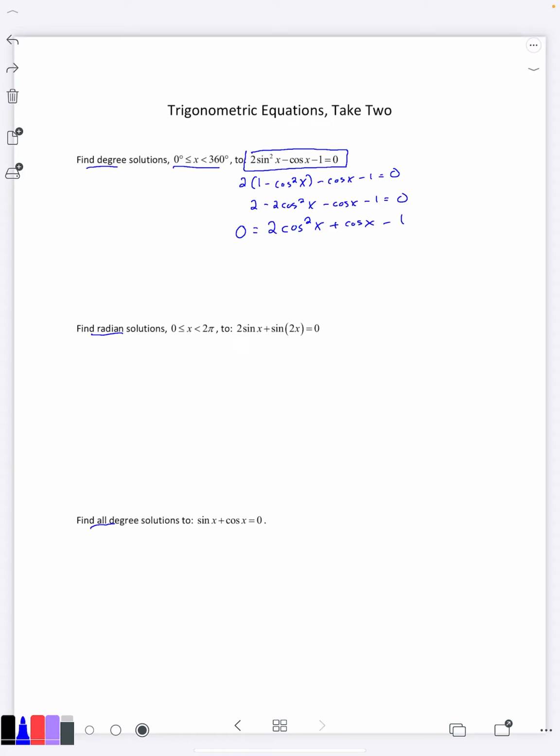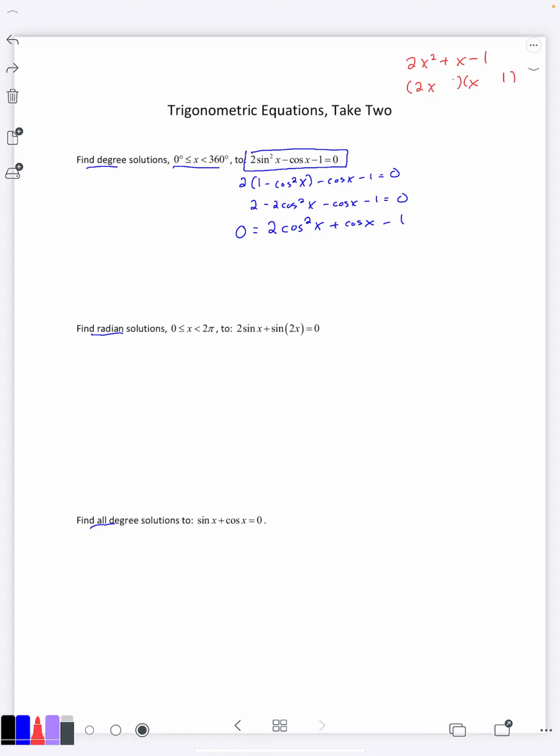Now at this point, it doesn't really look any better than we started with. It looks pretty similar, to be honest. However, now that it's a cosine squared and a cosine, we're going to be able to factor it. Let me remind you from algebra class, if you had just 2x squared plus x minus 1, you could factor that as two binomials. 2x times x makes 2x squared.